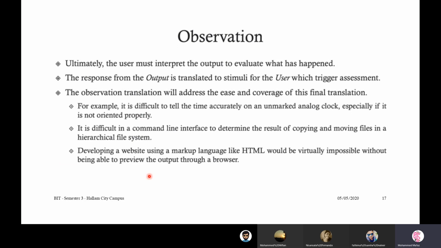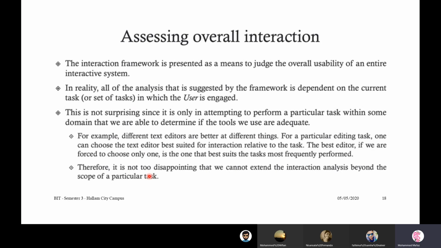So this is again just to summarize what happened. You have this interaction framework presented as a means to judge the overall usability of an entire interactive system. Right? What we learned now, this user input system output is presented as a means to judge the overall usability of an entire interactive system.